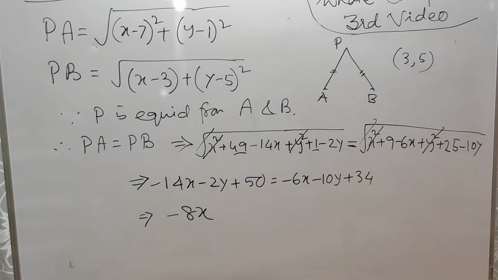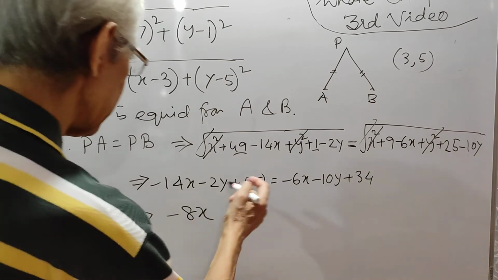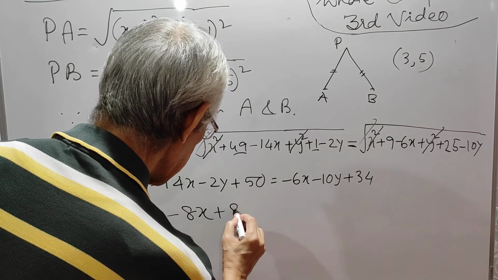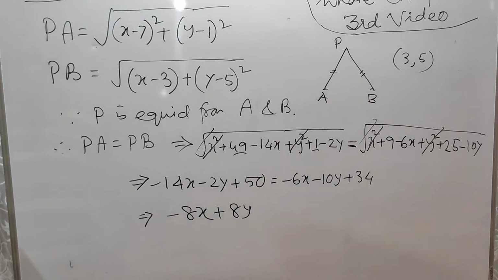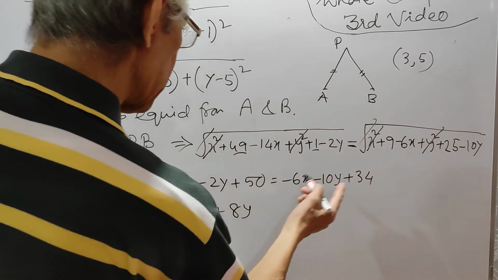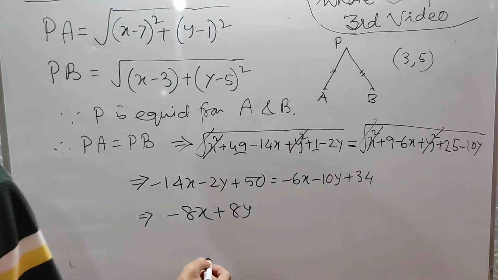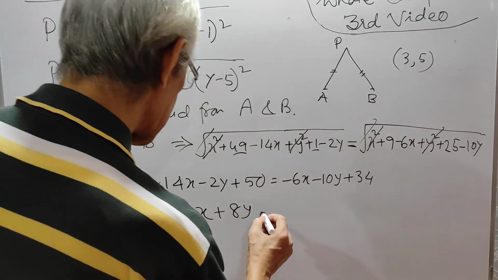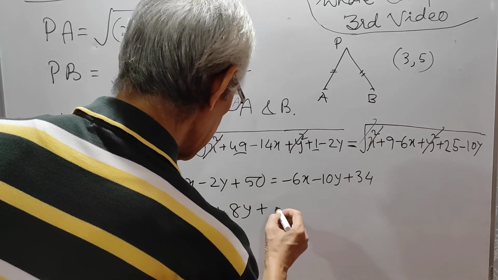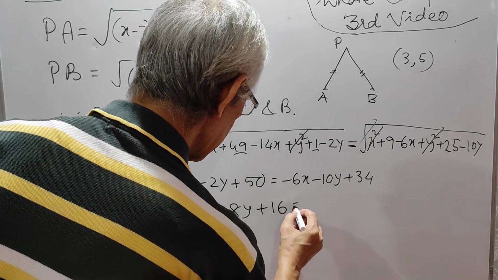Minus 8x. Okay, so minus 8x, then plus 8y. Yes, this will come this side, plus 8y, then this will come this side, so it will be plus 16, plus 50 goes this side, plus 16 equal to 0.